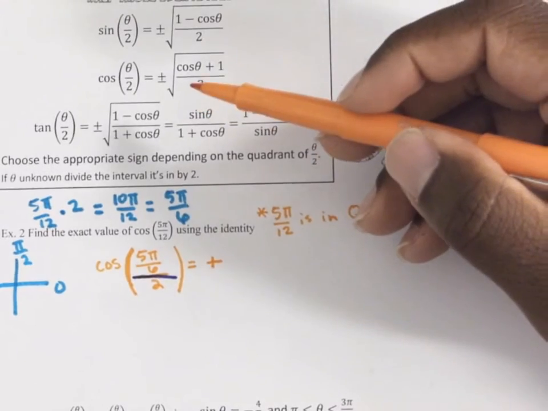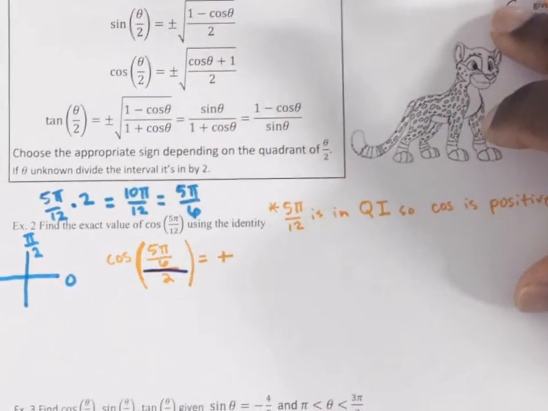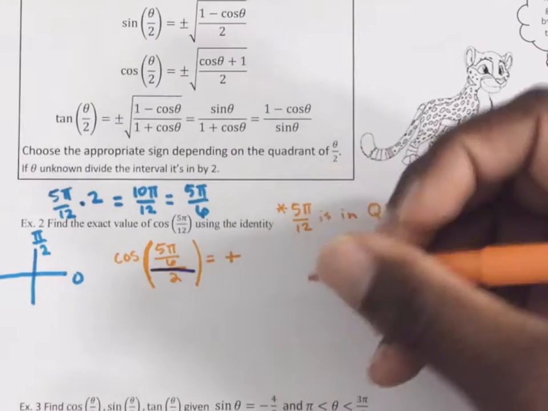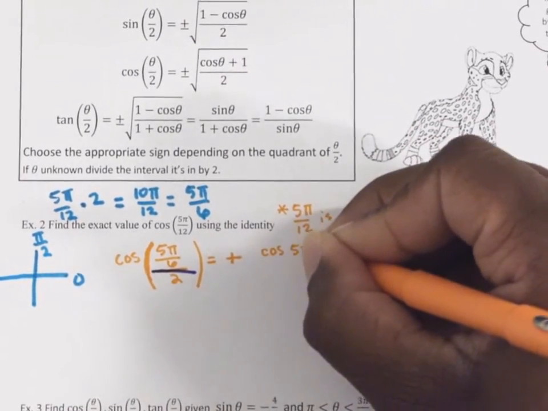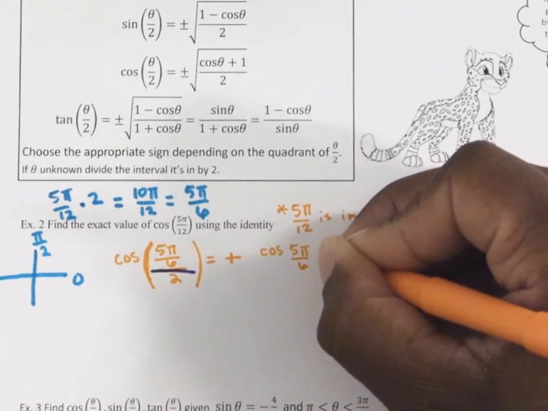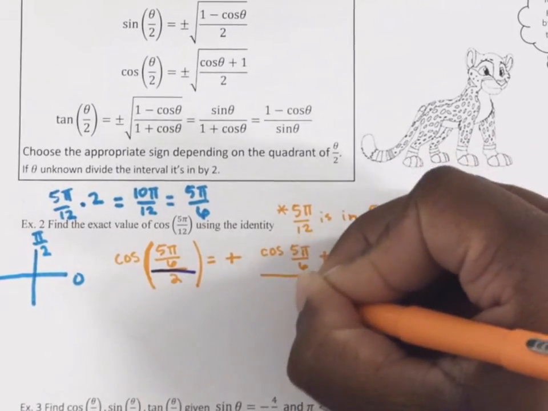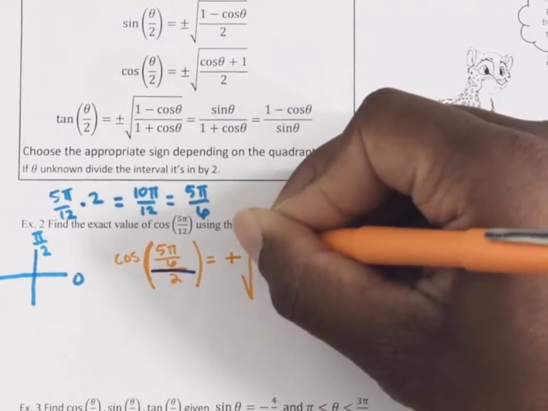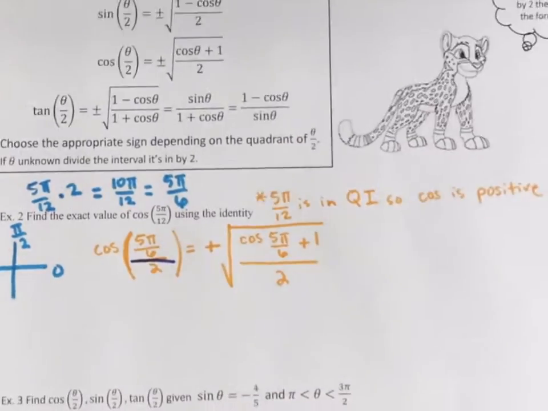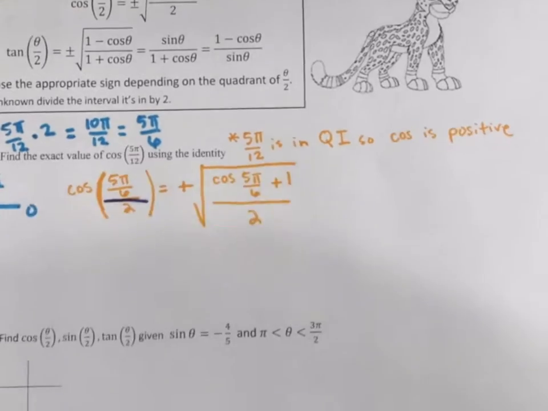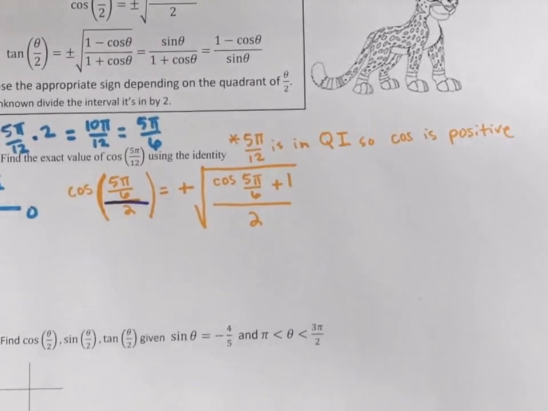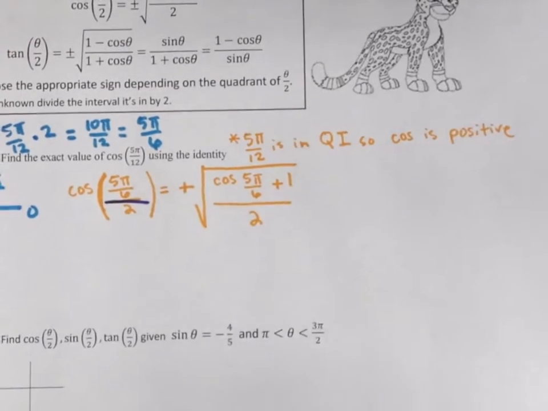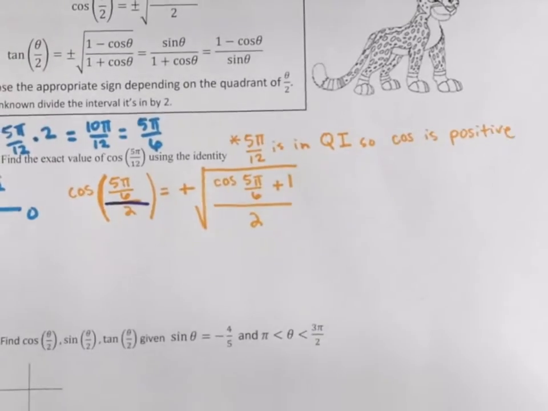So to use this formula, I say cosine theta, and I'll write out what we're about to do. We're going to do cosine of 5 pi over 6 plus 1, divided by 2. Since 5 pi over 6 is over 6, what type of angle is it? 30, 45, or 60?